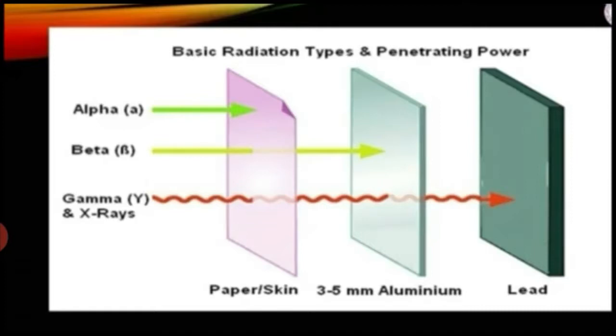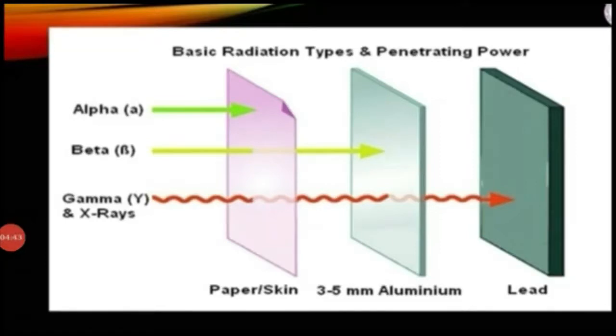During this nuclear reaction, these nuclei emit certain harmful radiations and elementary particles. The phenomenon of nuclear decay of certain elements with the emission of radiations, like alpha, beta, and gamma rays, is called radioactivity, and the elements which undergo this phenomenon are called radioactive elements.